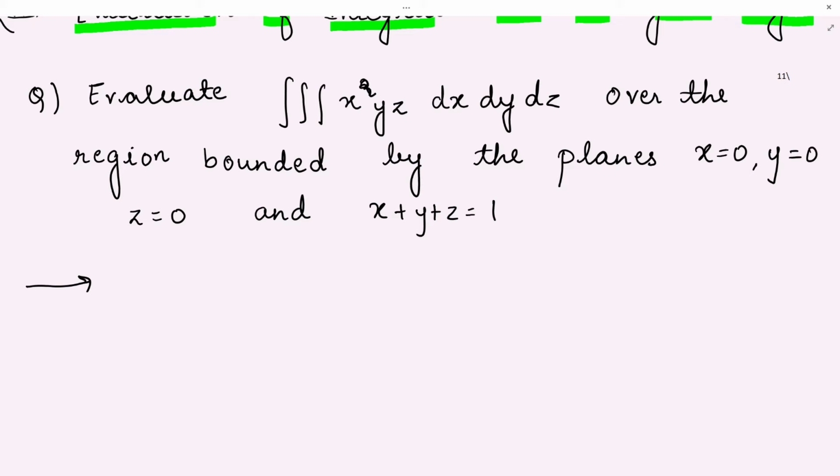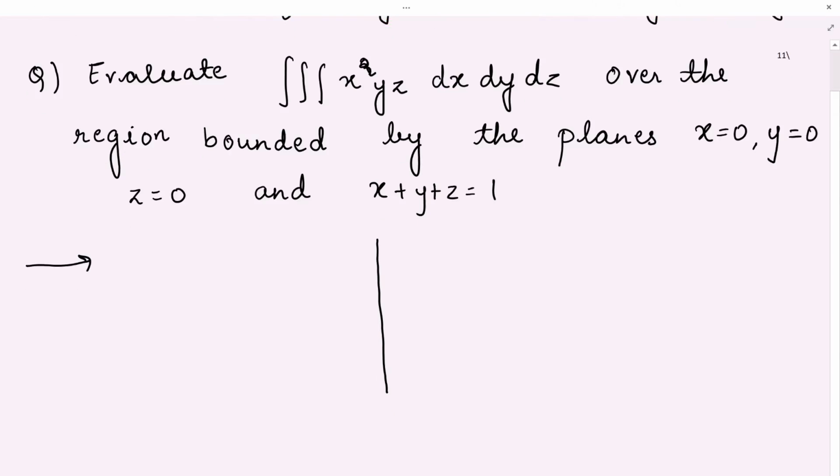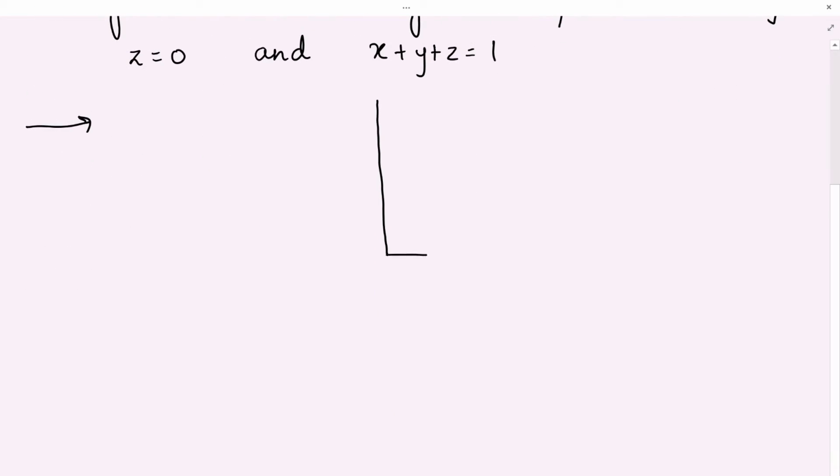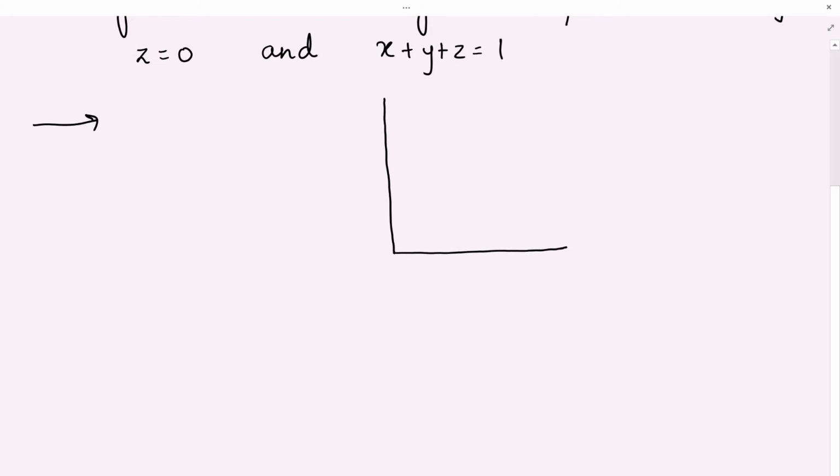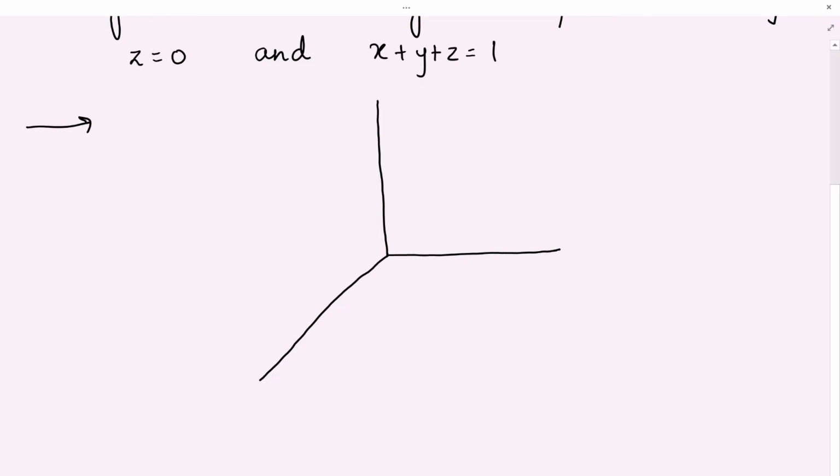First, draw the xyz axis, and you can draw a tetrahedron. So this is basically a tetrahedron. So let me try drawing. So these are my axes, xyz axis.